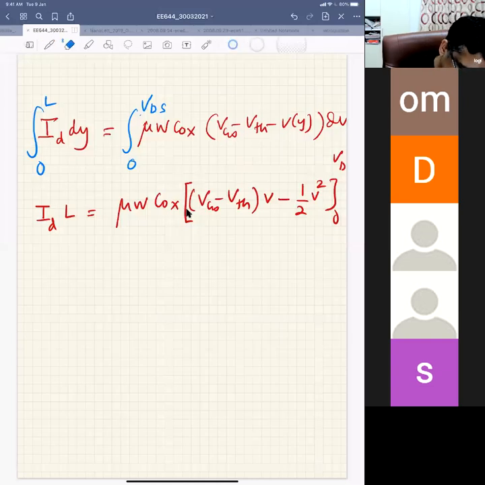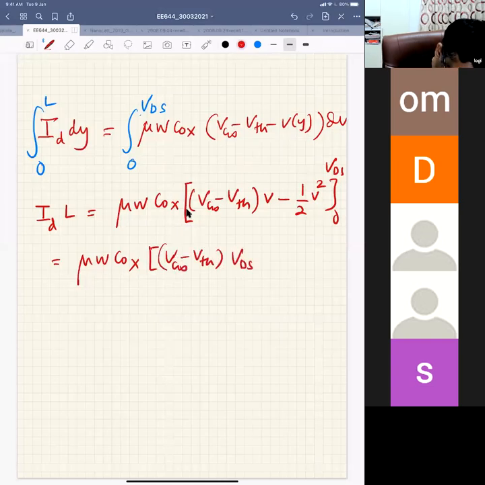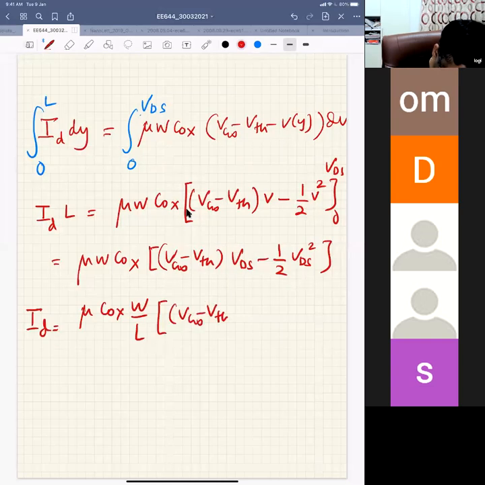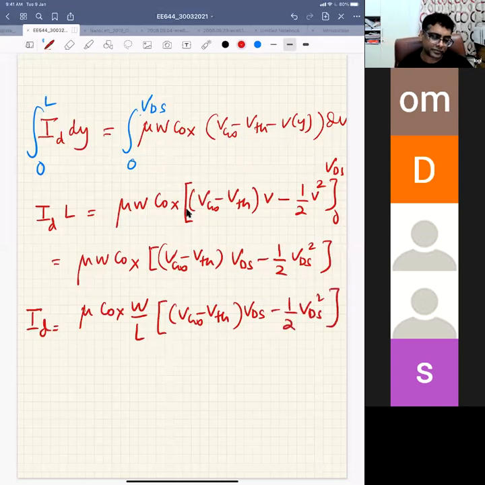So this is mu W Cox times (VGS minus VTH) VDS minus half VDS square. And your ID is nothing but mu Cox W by L times [(VGS minus VTH) VDS minus half VDS square].